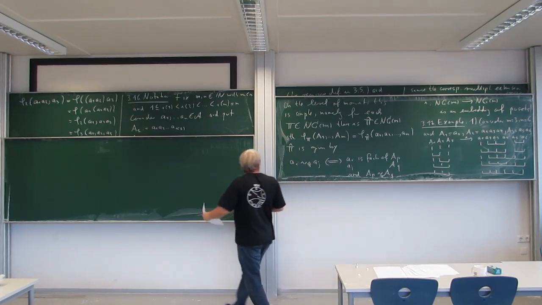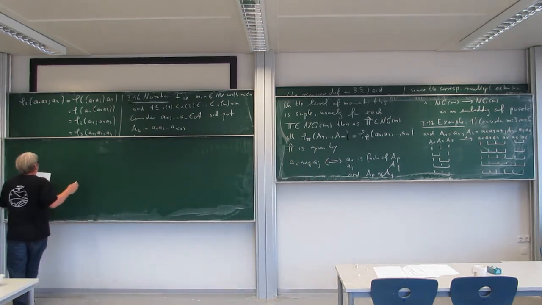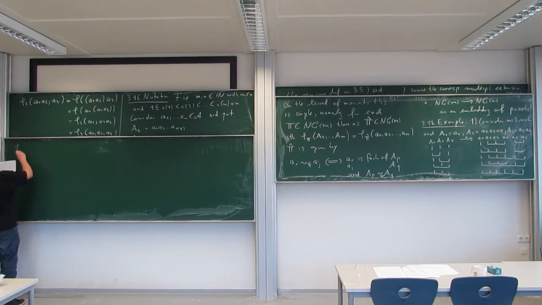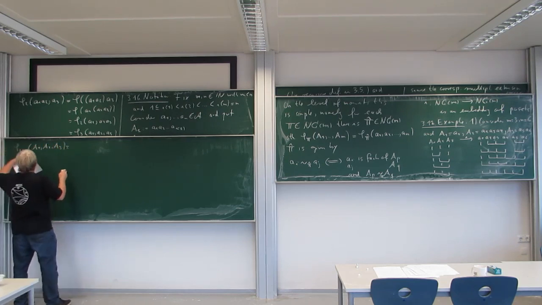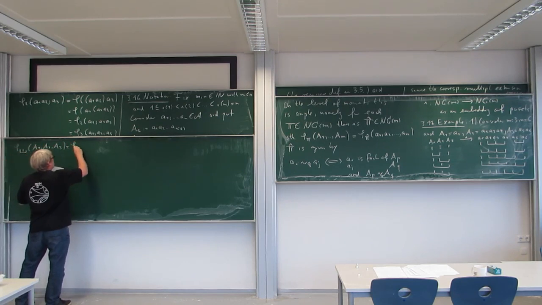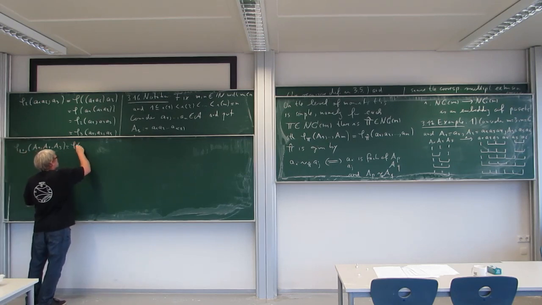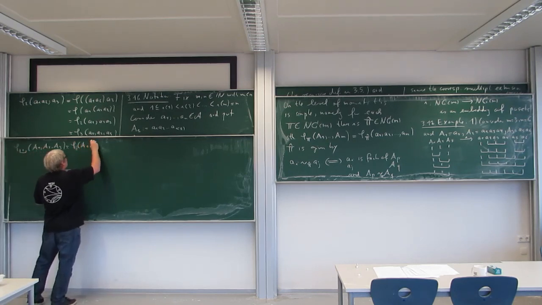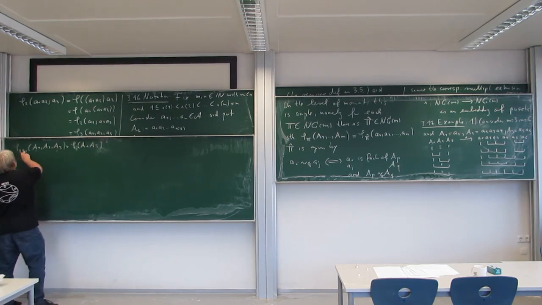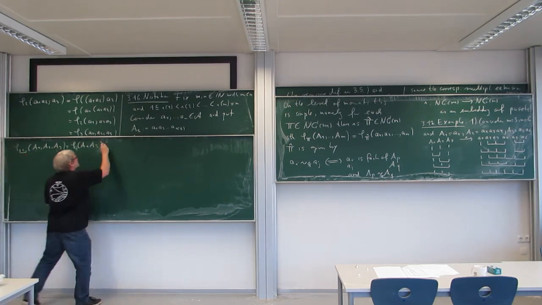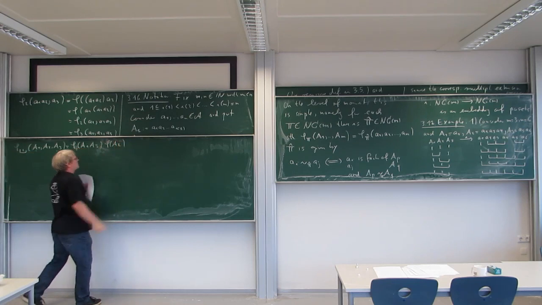For example, this relation is, so if I look at phi, let's say of this partition, A1, A2, A3, so this is, by definition, phi 2 of this block, but phi 2, of course, is just doing multiplication directly, so this is phi of A1, A3 times phi corresponding to the singleton, which is phi of A2.